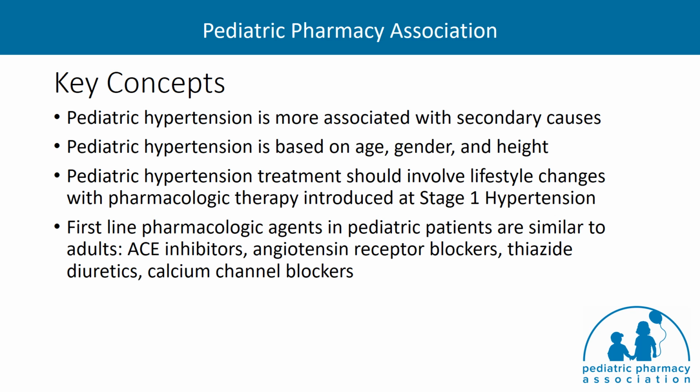And when we treat pediatric hypertension, we really want to encourage lifestyle changes if possible. And then once that patient hits stage 1 hypertension, that's when the pharmacologic therapy gets introduced. And also remember your first line agents in pediatric population are going to be similar to the adult population. So those ACE inhibitors, the ARBs, thiazide diuretics, as well as calcium channel blockers.